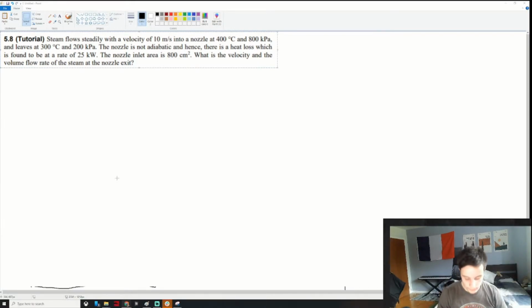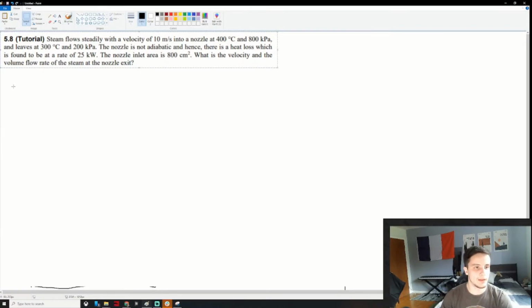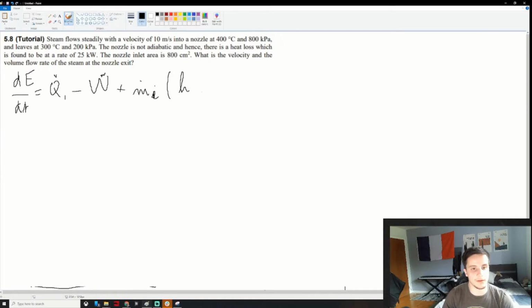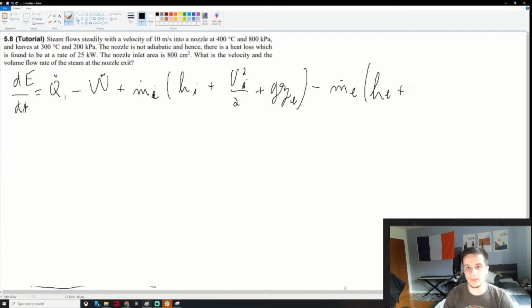So again, just plug in your first law equation and see what you have and what you don't have. dE/dt is equal to Q, minus work, plus mass flow rate at the inlet and all of its energies, plus gz, and then minus all the energies at the exit. dE/dt, do we have it?